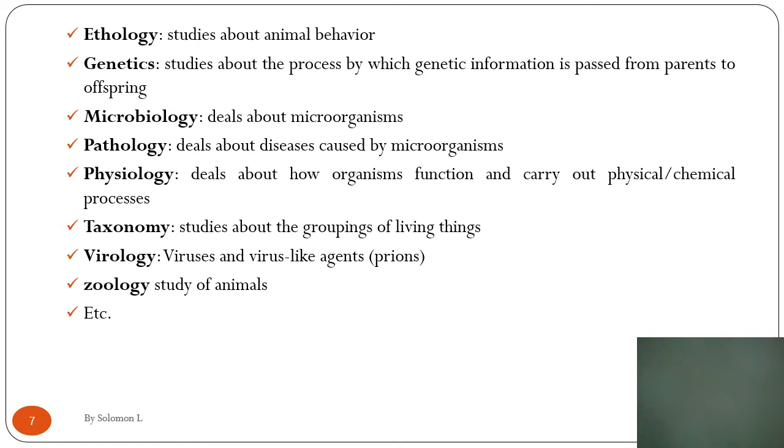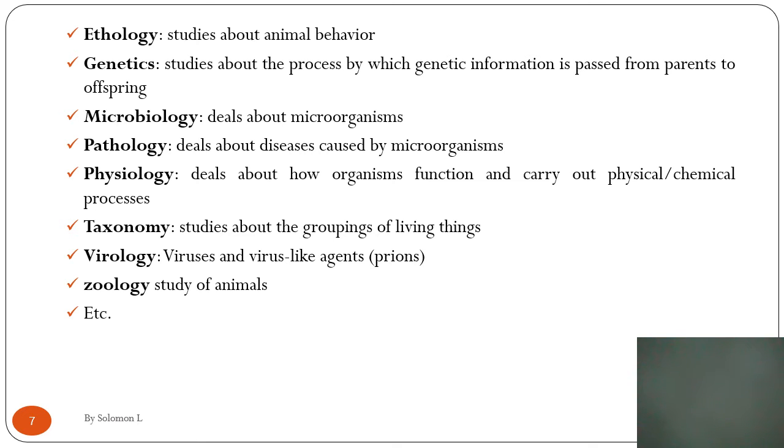Microbiology, as the name indicates, is the study of microorganisms. Pathology deals with disease caused by microorganisms, because disease may be caused by different reasons. However, diseases that are caused by microorganisms are studied under pathology. Physiology deals with how organisms function and how they carry out physical and chemical processes.